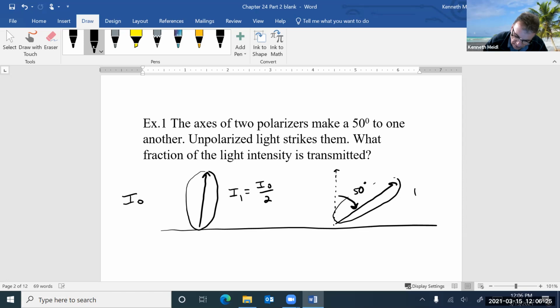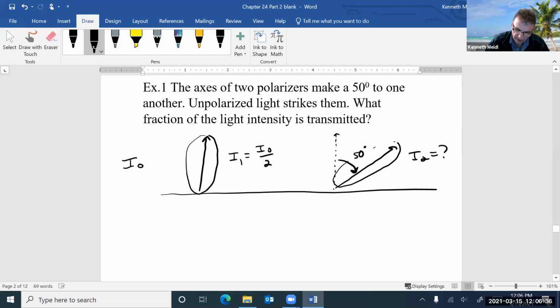Now the question is, what is surviving past that second polarizer? That's where the law of Malus allows us to calculate this pretty easily. It's I2 equals I1 times the cosine squared of the angle between them.